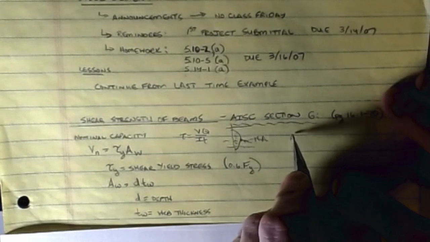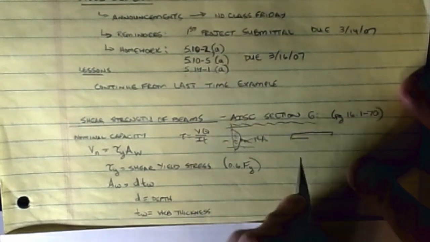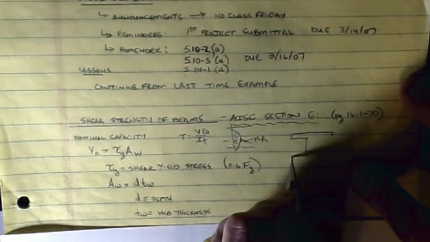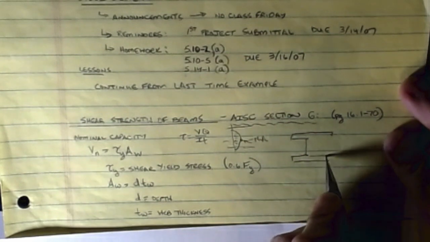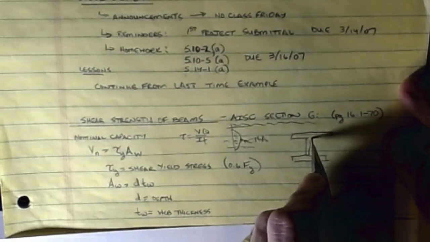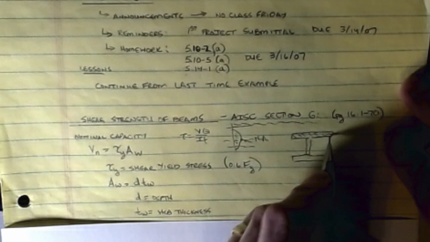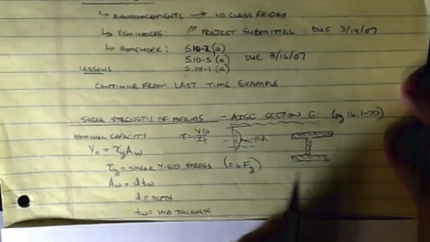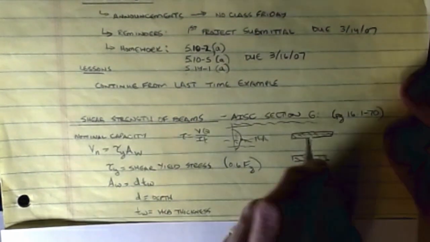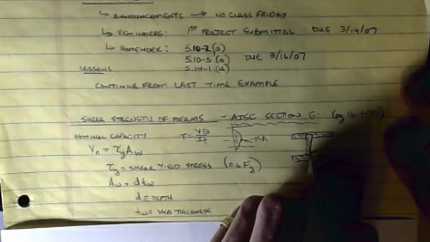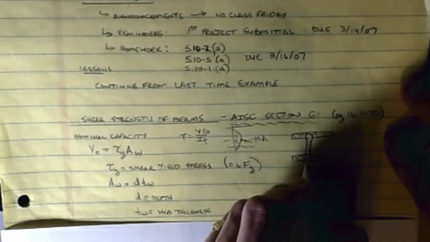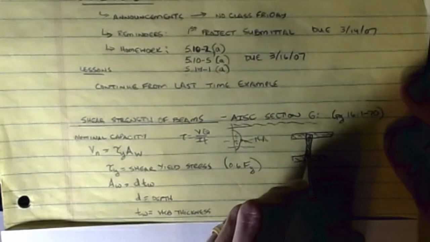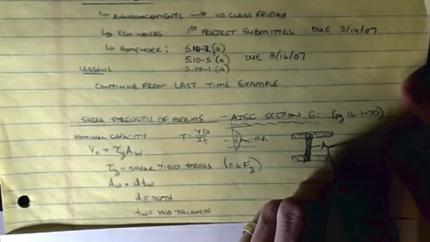And so again, for an I-beam, and we'll talk a little bit more about this, if this is my awesome graphics live on demand, that's our I-beam. This area of web is only the region here. That's Aw.